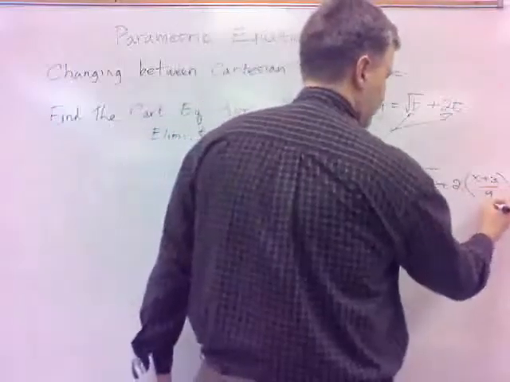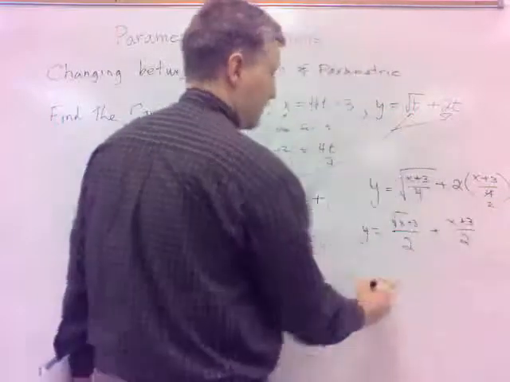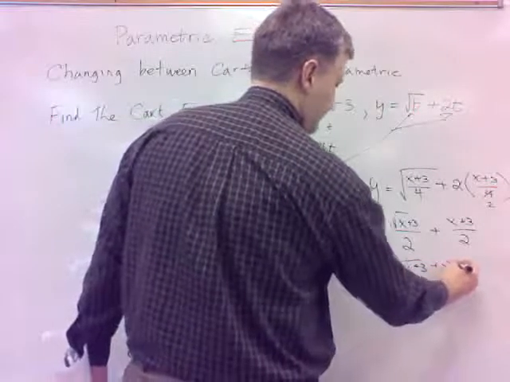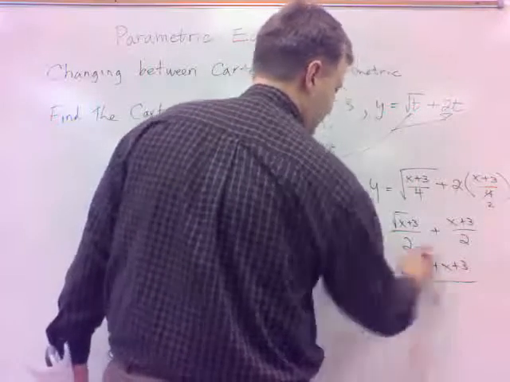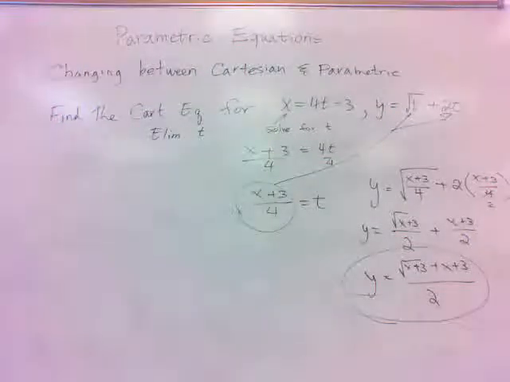And then the 2 will cancel into that, so I have x plus 3 over 2. And I can combine, I guess. You won't necessarily be able to do all this with every one of these, but anyway, this one. So we'll get square root of x plus 3 plus x plus 3 over 2. Something like that. Not too bad.